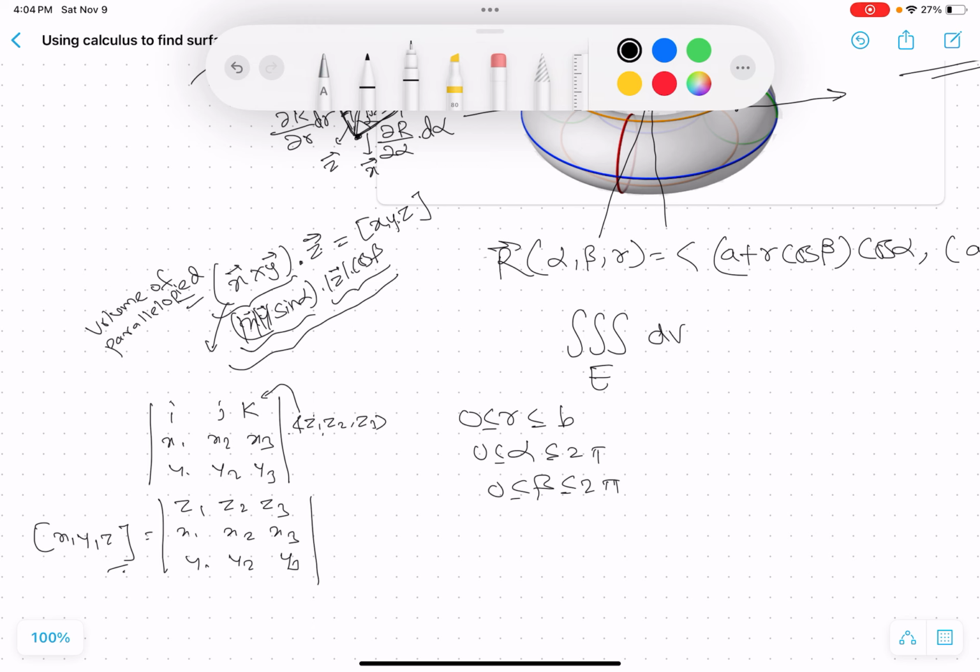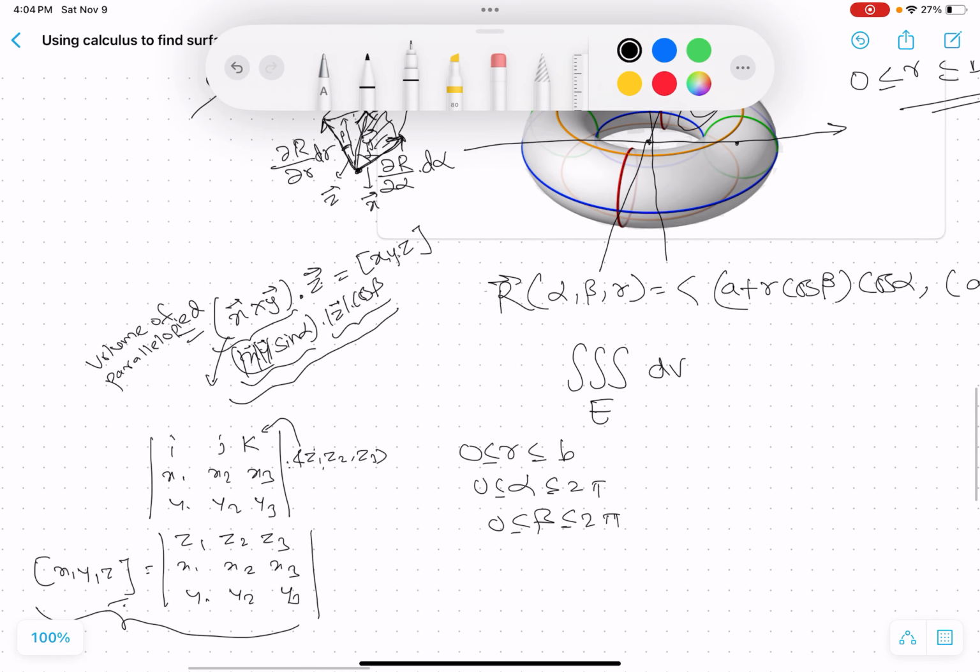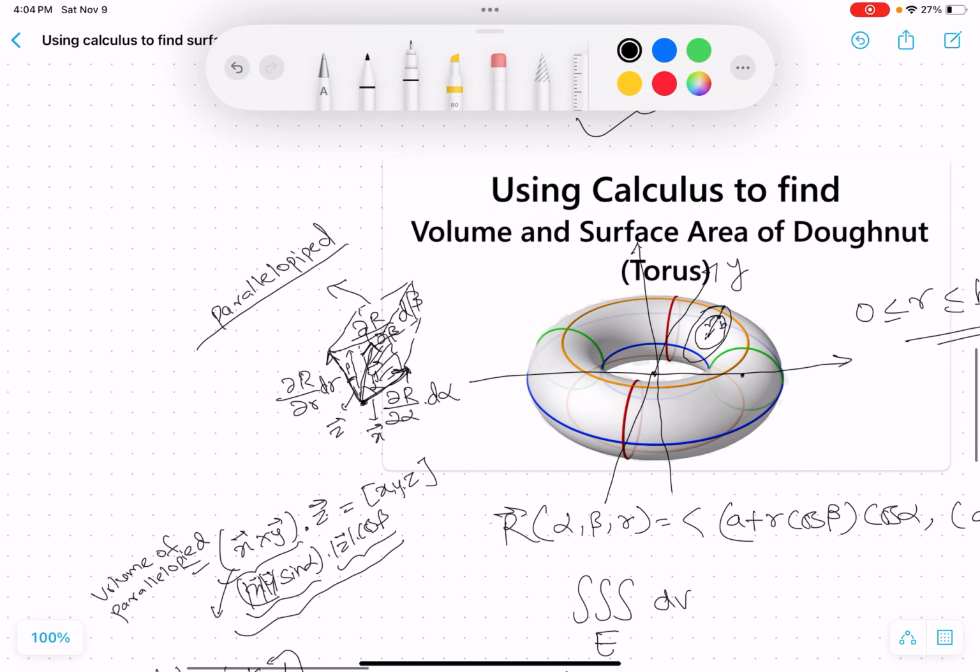Okay, so this is how we find the scalar triple product, and we want the scalar triple product here, right? Because we want the volume. So in this case also, our dV will just be the scalar triple product of these vectors. First of all, we want the scalar triple product of this vector, partial change in r due to alpha, cross, let's say, another, we take the change in r due to beta, and then dotted with the last one.